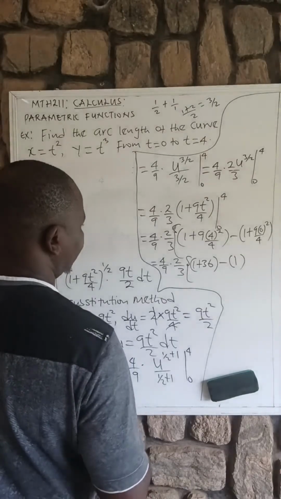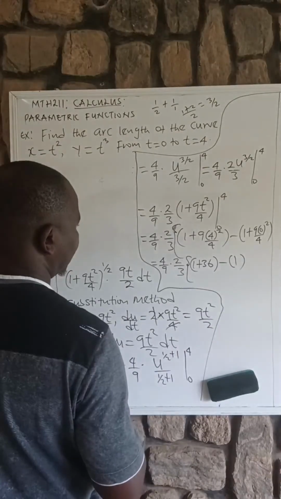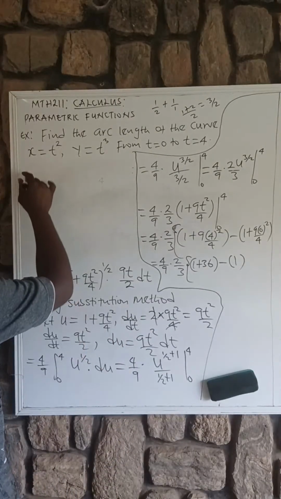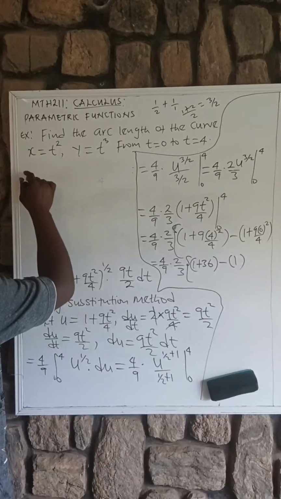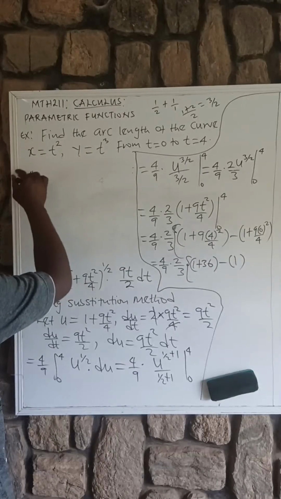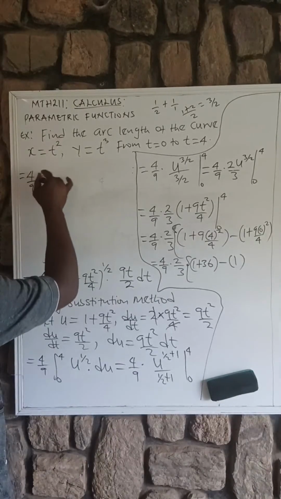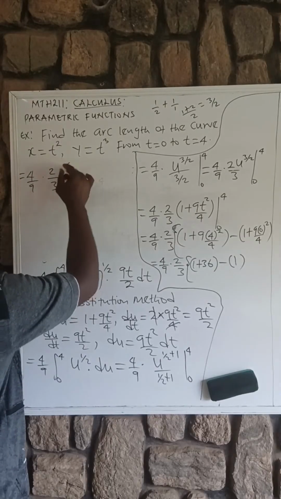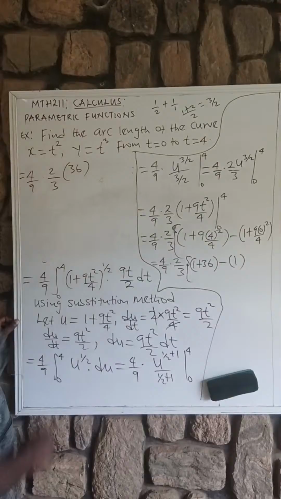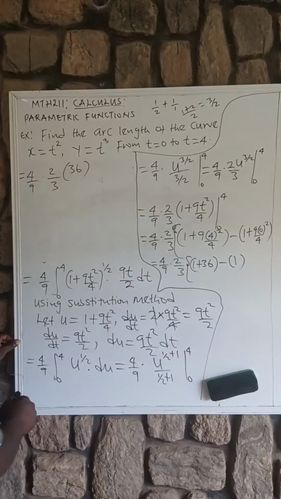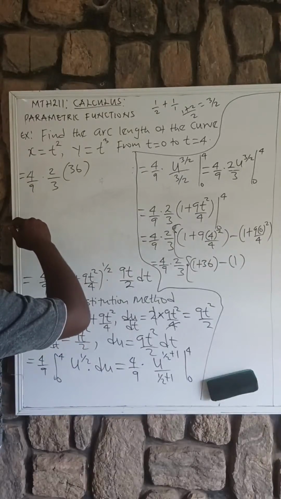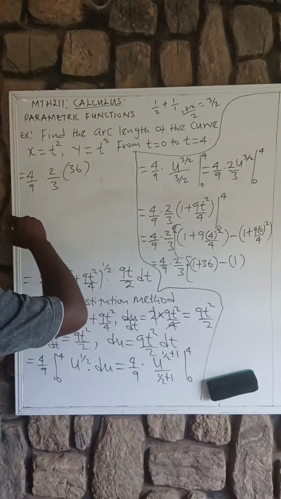Yeah, here will be 36. So we are going to have 4 over 9 times 2 over 3 open bracket 36.